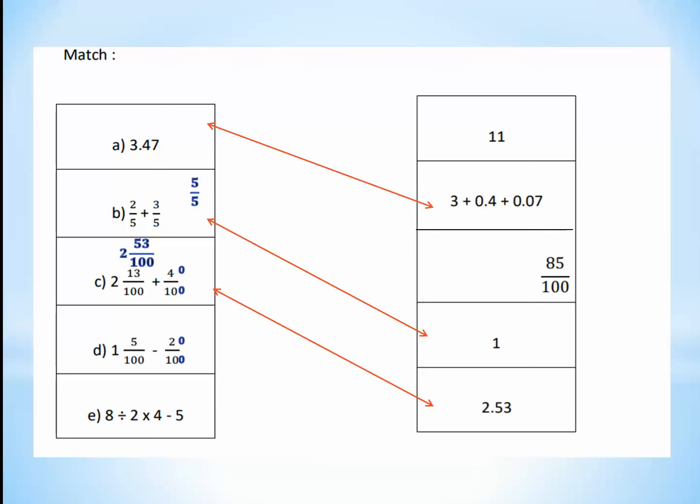Yes, borrow 1, it will be 105 minus 20, so it will be 85 over 100. So this is the right answer.